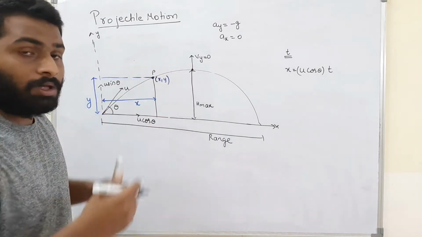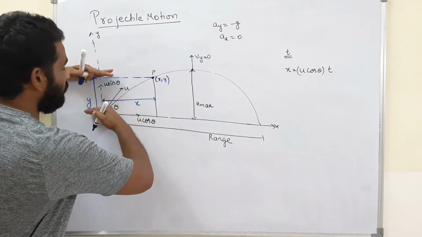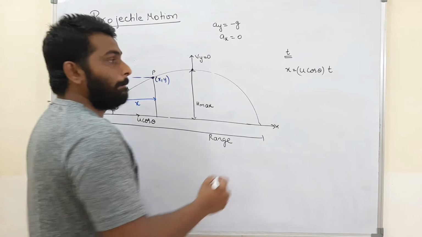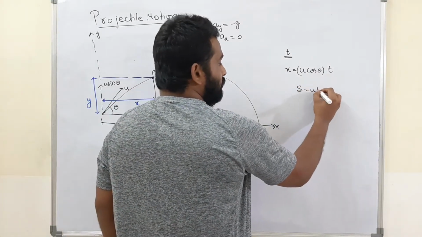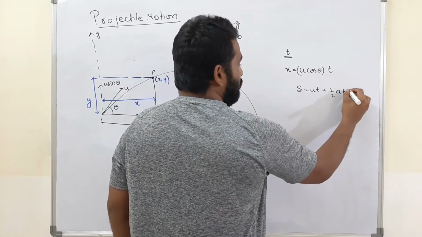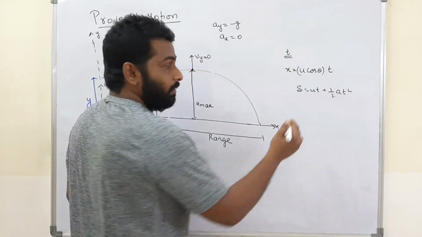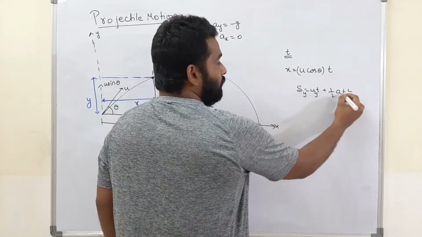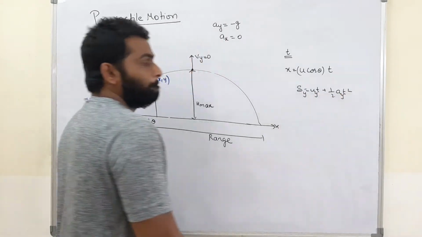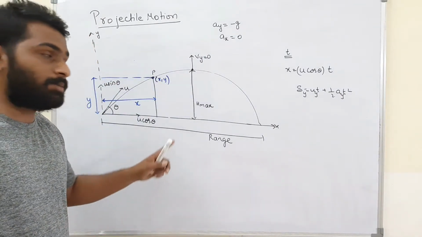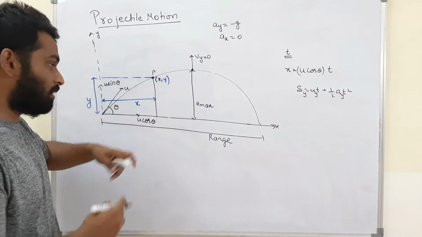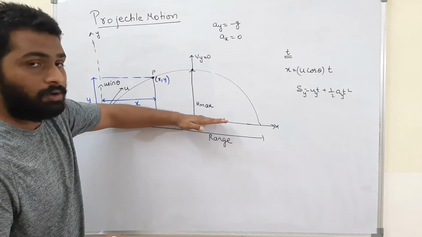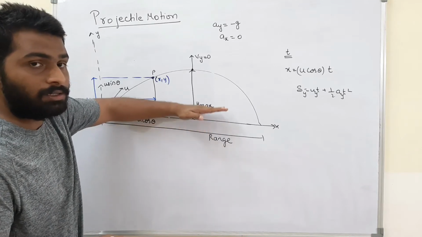And at the same time, what is the distance traveled by the body vertically? This much y. Now, what is it? s is equal to ut plus half at square. I am taking the y direction. Therefore, s_y is equal to u_y t plus half a_y t square. Now, what is the displacement traveled by the body vertically? Initially, the body is around here. Now, the displacement traveled by the body vertically is this much.